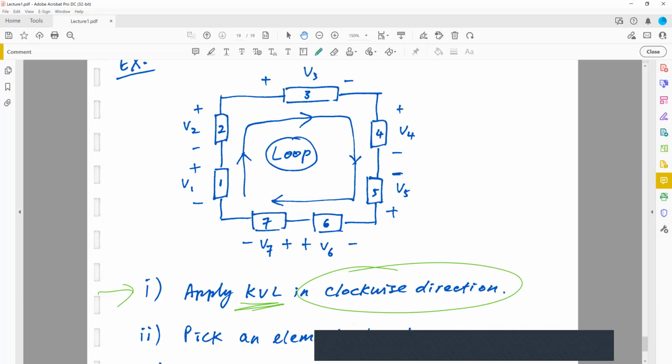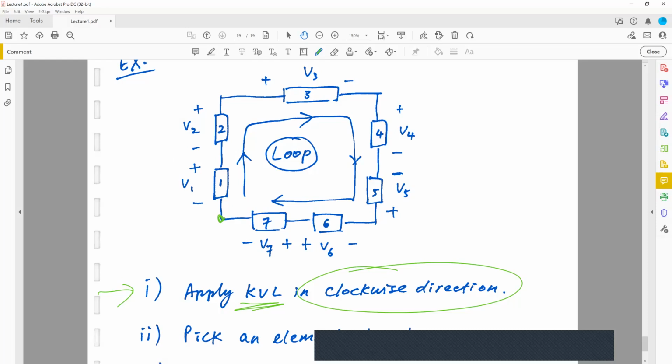Okay, so I'm going to go clockwise, and the next step is pick an element to start. I have 7 elements here, and I need to pick a starting point. And the end point has to be the same as the starting point, so that I can have a complete loop. So usually I start from the bottom left.